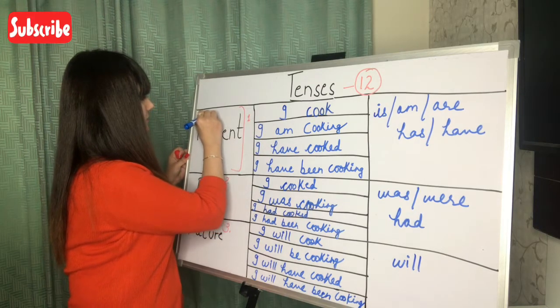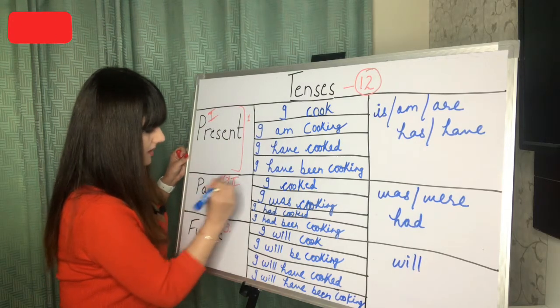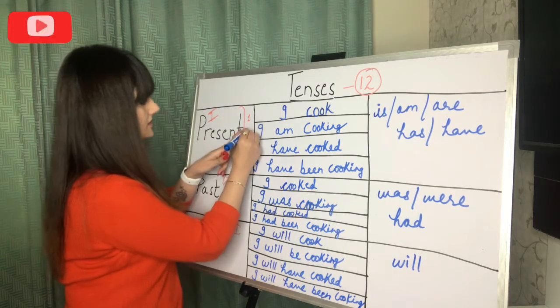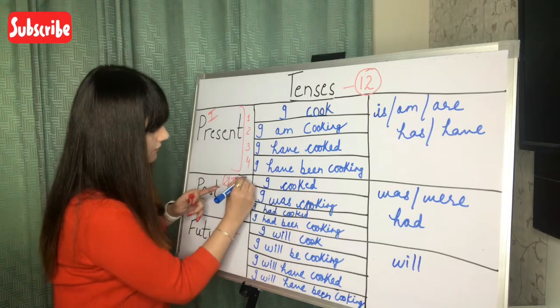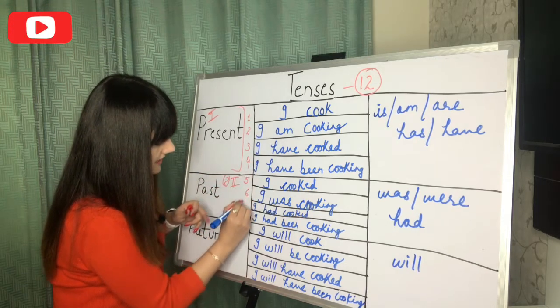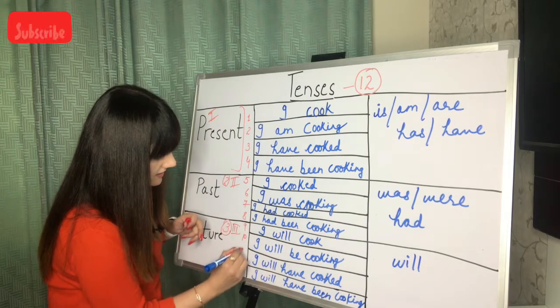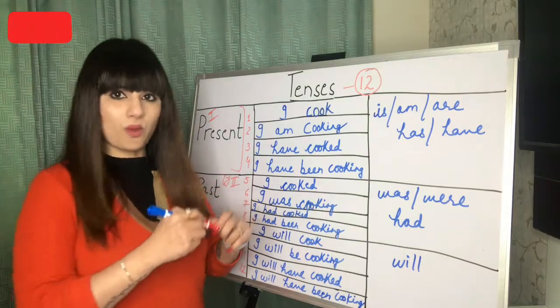I'll write it down like this, the numbers in Roman. So this is gonna be your 1, 2, 3, 4, 5, 6, 7, 8, 9, 10, 11, and 12. So let's understand it one by one.